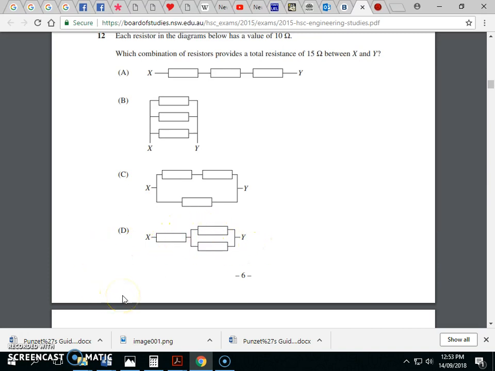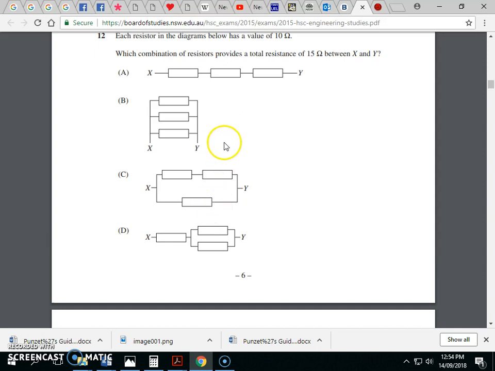D is... Okay, so we have to do this thing in parallel. So we're going to have, this is 20 ohms. Yeah, this here is the same as having a 20 ohm resistor. And that's 10 ohms. So what we're going to have is 1 on 20 plus 1 on 10, which I believe is 3 on 20. These are in series, so just count that as 20 ohms on the top and 10 ohms on the bottom.